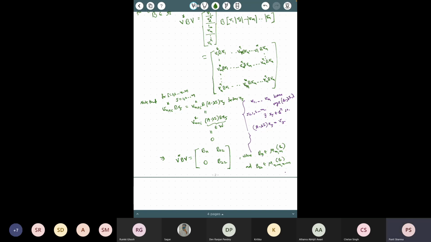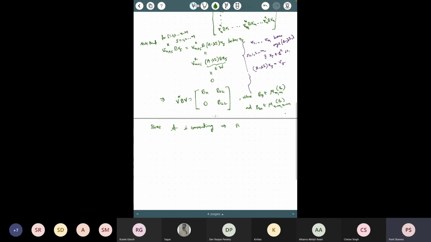Now again, since A is commuting, if I take any two matrices, let's say B and C in this A, then the product of B and C is the same as the product of C and B. But then this implies that V star BV and V star CV would also commute.